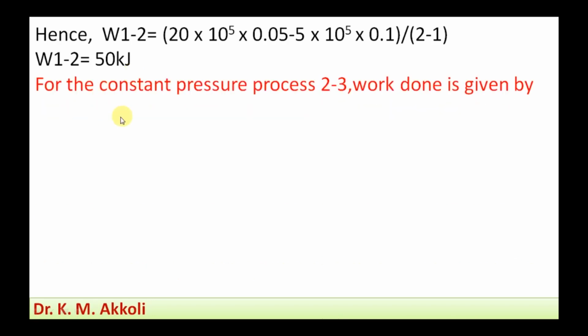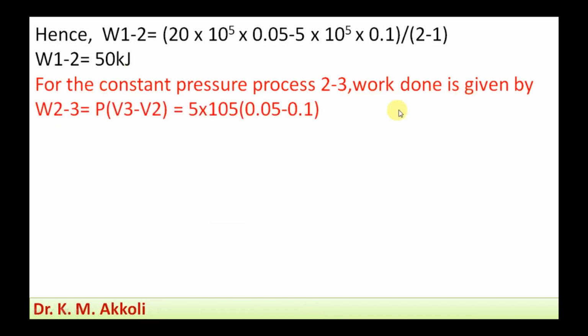The next process, the constant pressure process of 2 to 3. Work done is given for the constant pressure process, where the pressure remains constant and volume only changes. V2 to V3, the volume will reduce, so we take V3 minus V2. Here the work done is negative, because the volume reduces.